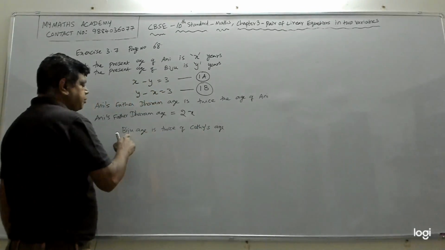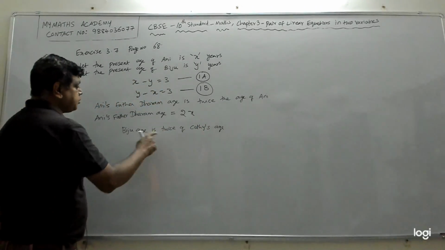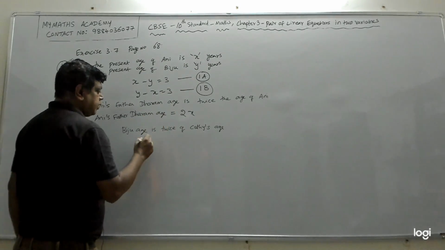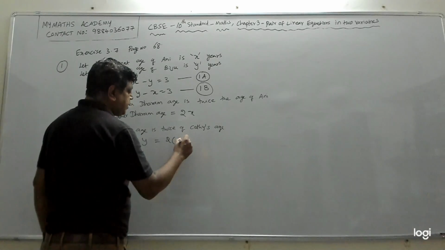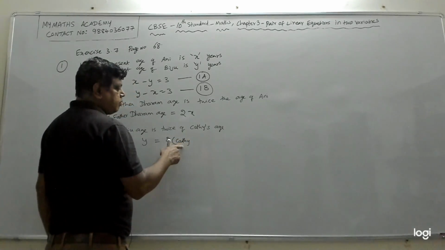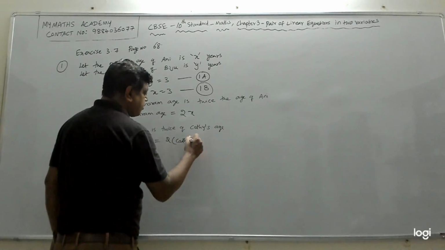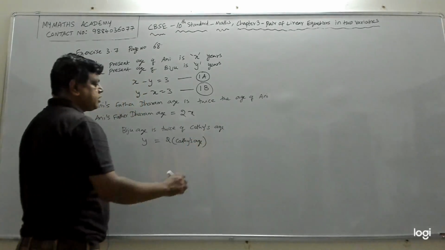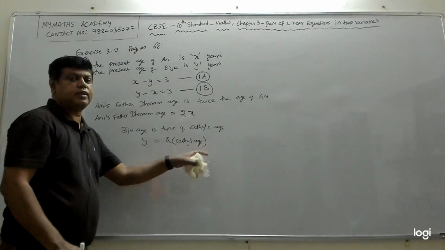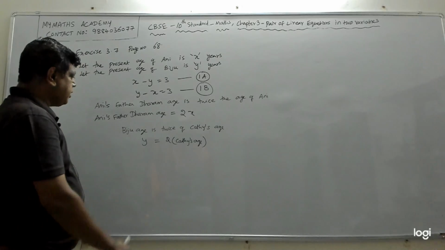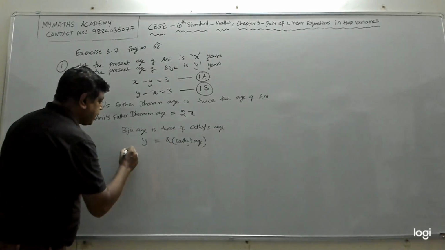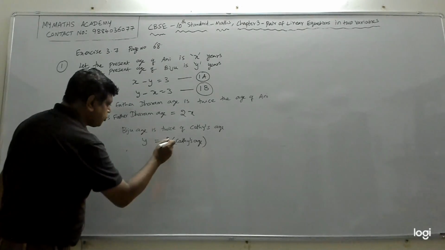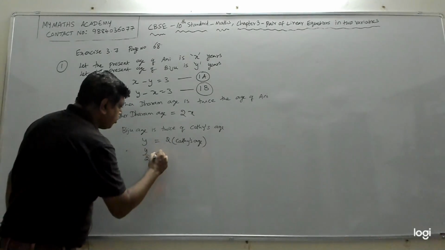Kathy is Biju's sister. So Biju's age is Y, which means equal to twice Kathy's age. We will not assume any variable for this. So it is 2 into Kathy's age, and that is Biju's age. So from here, what do you find Kathy's age as? Kathy's age will be, if this 2 comes here, Y by 2 equal to Kathy's age.